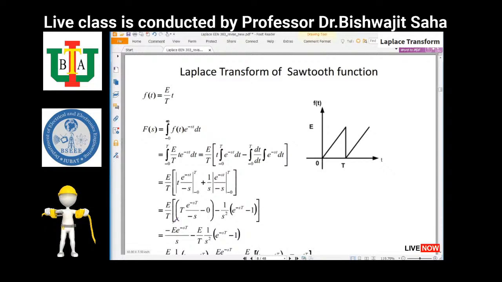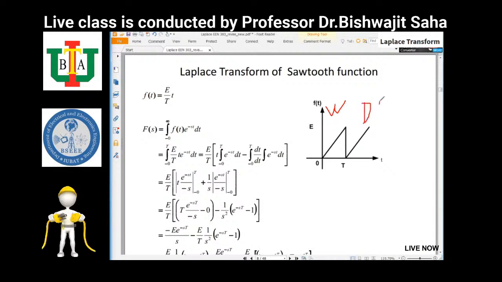Now here we are doing some example. This is the given signal. What is the name of this signal? Sawtooth wave. DC sawtooth wave.